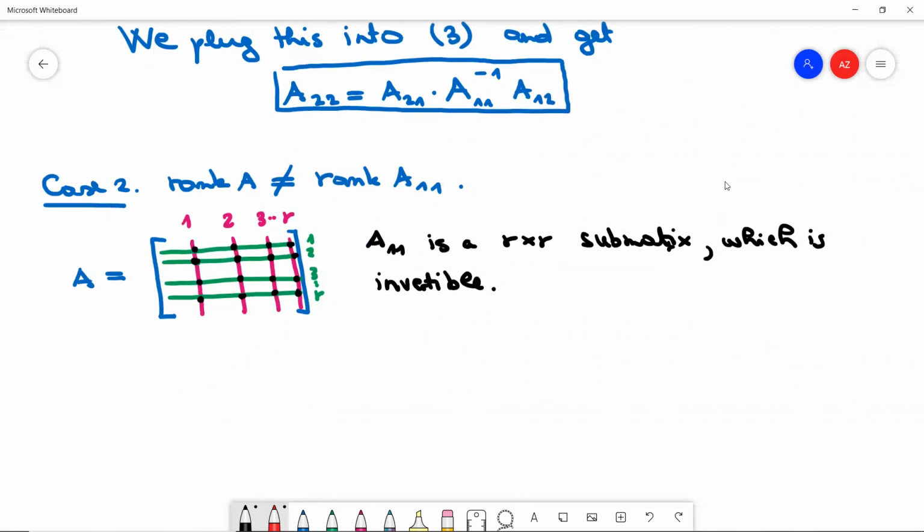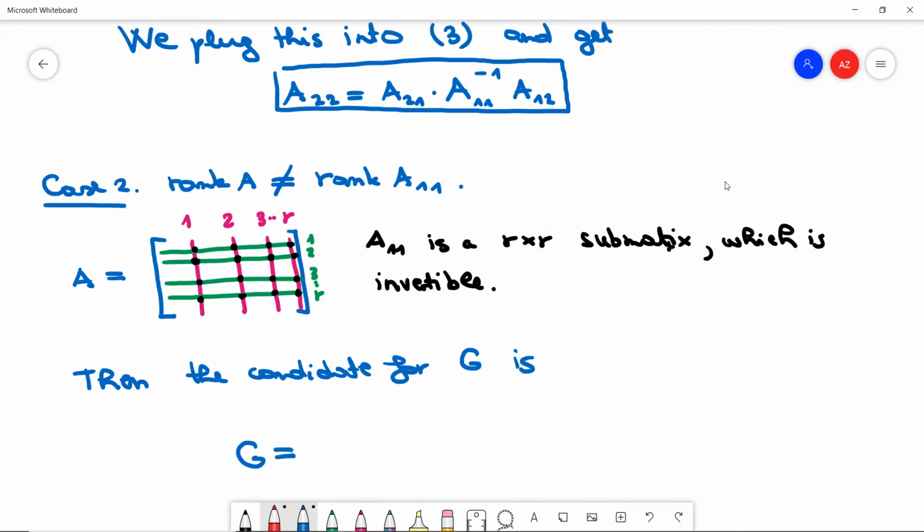And what would be then the candidate for G? So basically the same idea, only that it's a little bit more messy to write, because it's easier to see than to write. So on those places of A11, we just invert A11.